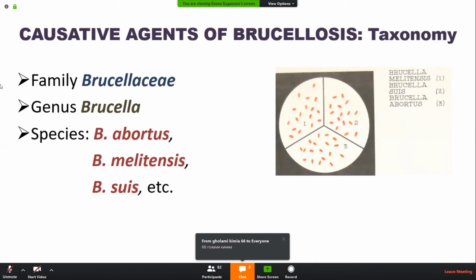They are actually not typical human parasites, they're animal parasites, but typically diagnosed in human cases are three species: Brucella abortus, Brucella melitensis, and Brucella suis. Brucella abortus is shed from cows, Brucella melitensis from goats and sheep, and Brucella suis from pigs, which is swine Brucella.